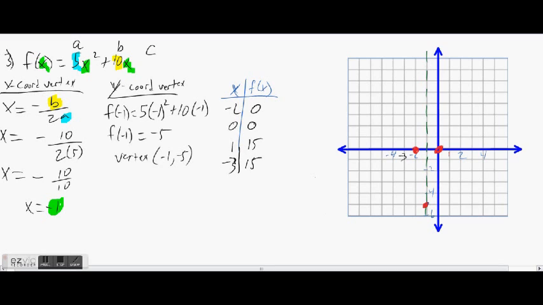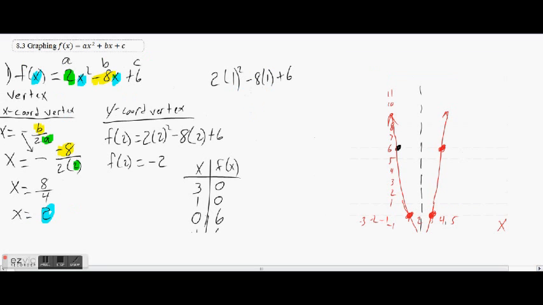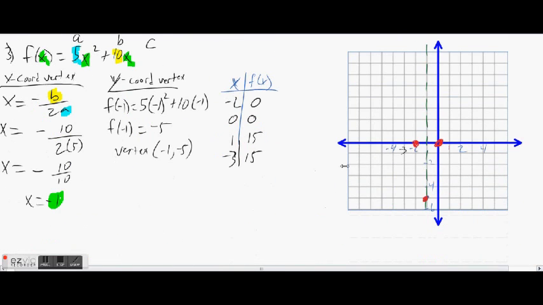Now let's see, do I have enough space to go up? 1, 2, 3, 4, 5, 6, 7, 8. No. I guess I'm going to have to restart this thing. What happened to me here? Uh-oh. Sorry about that, guys. I don't know what just happened here.